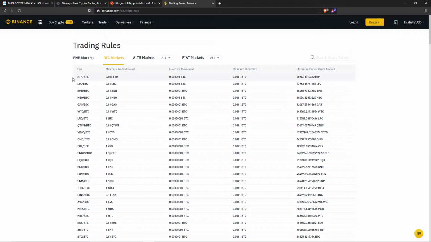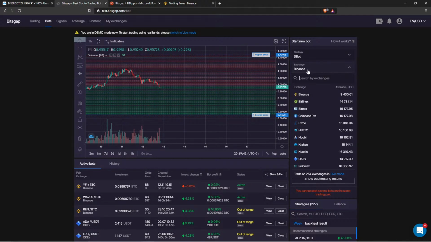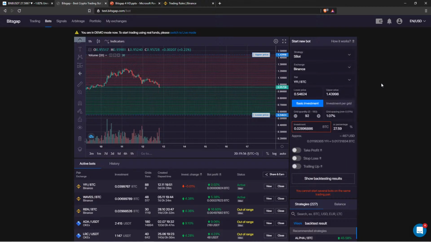It can be the case that for, let's say, Ethereum trading to Bitcoin on Binance, more investment is required per level compared with the same pair trading on OKEx. That depends on the selected cryptocurrency, because each has its own unique trading requirements, such as the minimum trade size and other things as well.